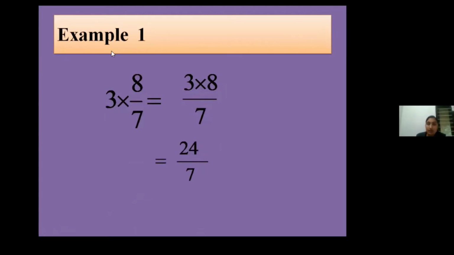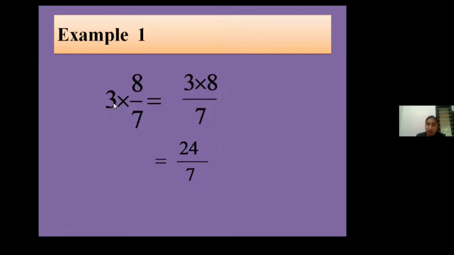Okay, this is an example. We can discuss the example once again. 3 into 8 by 7. Here the whole number is 3 and the fraction is 8 by 7, where 8 is the numerator and 7 is the denominator.